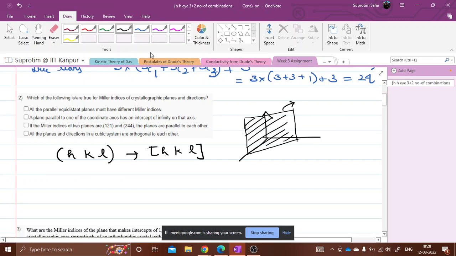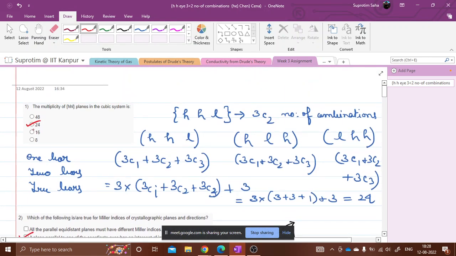So the two correct answers are: a plane parallel to one of the coordinate axes has an intercept of infinity on that axis, and all the planes and directions in a cubic system are orthogonal to each other. Right? So this is it.